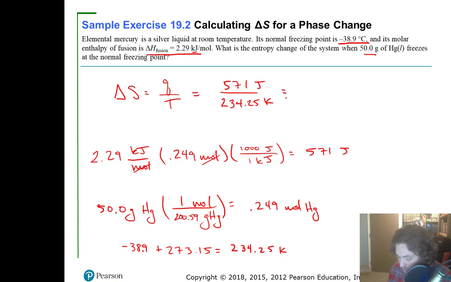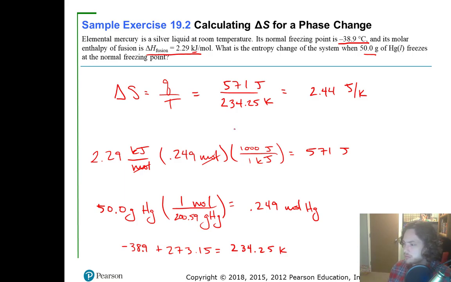And one thing that we want to think about here is the sign of that heat change. We hadn't really talked about that previously. So for my answer, I got 2.44 joules per Kelvin. But let's think about the sign of this heat. We calculated how much heat would be evolved right here. However, we got to think about, was that heat leaving our system or joining our system?